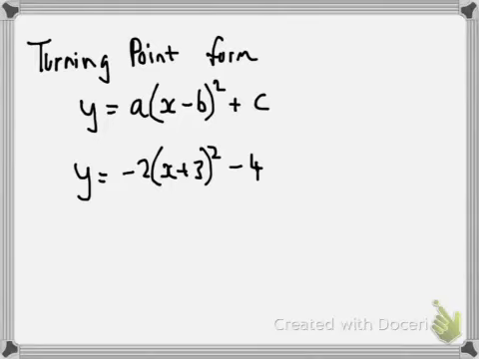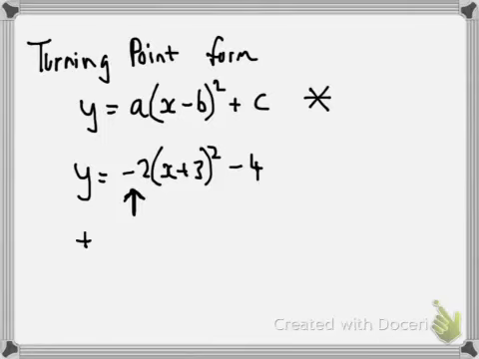because it's a demonstration video, rather than verbally trying to explain the significance of that, which I know you've seen before, I'm going to do it in the context of an actual example. So let's look at y equals negative 2 outside of (x plus 3) squared minus 4. First important thing to look at is the a term, which is the term out the front.